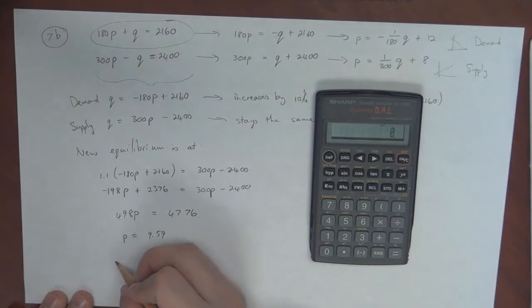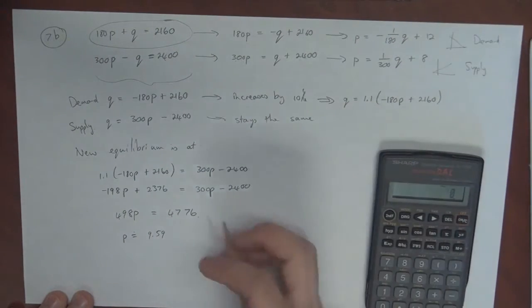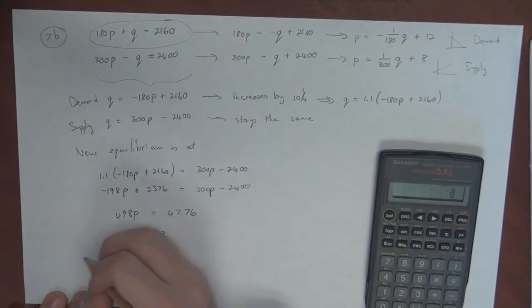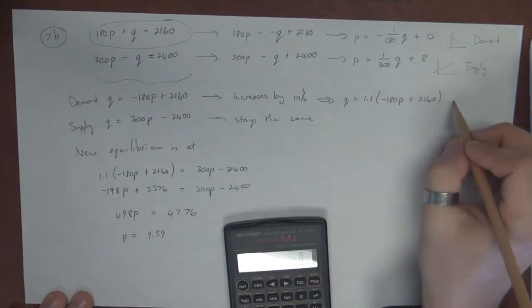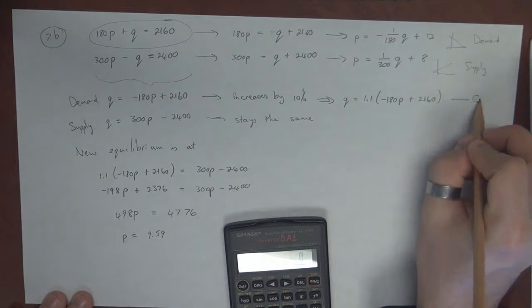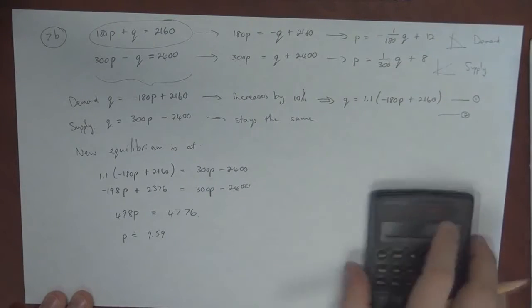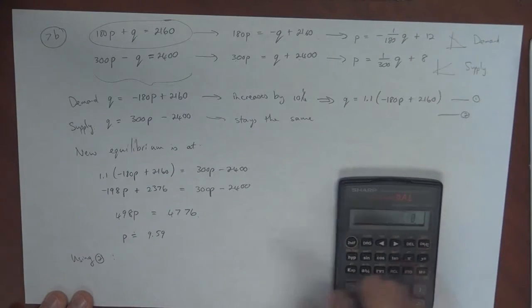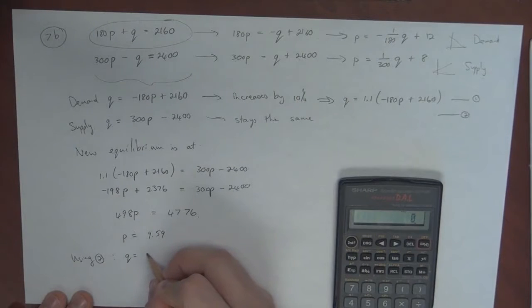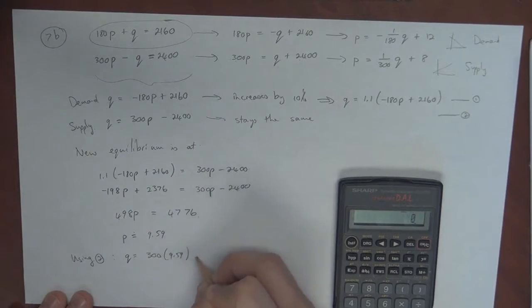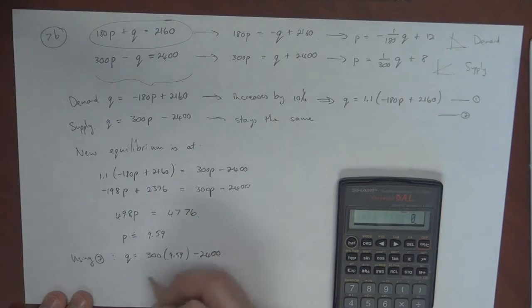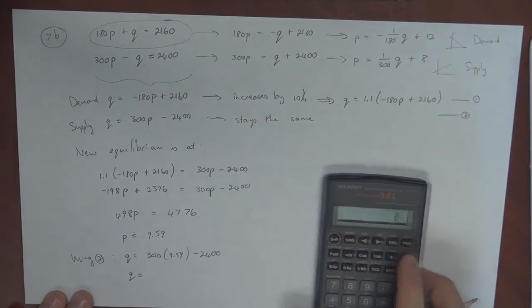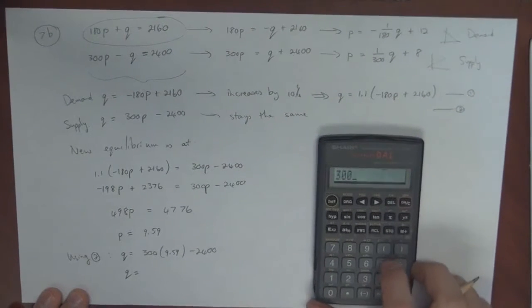To find the corresponding value of Q, it doesn't matter which one I use. Let's call this one again now 1 and 2. 2 might be the simplest one because it didn't really change. From 2 I get the corresponding value is 300 times 9.59 minus 2400.